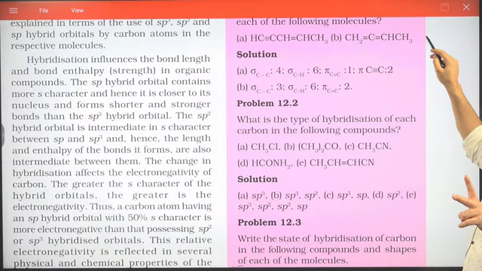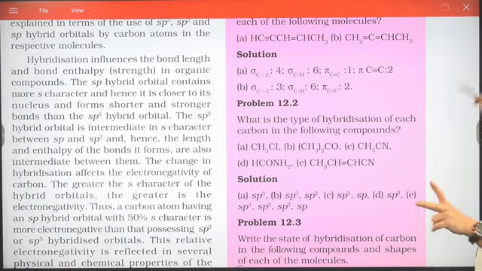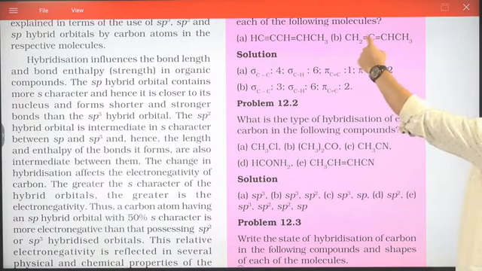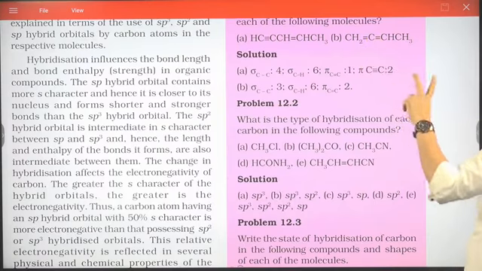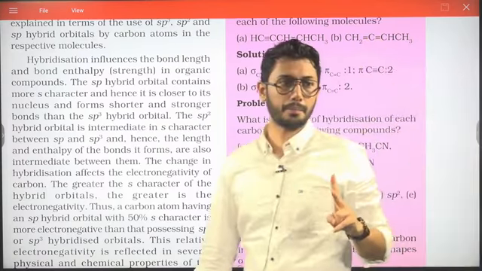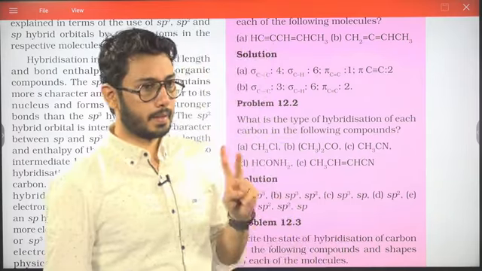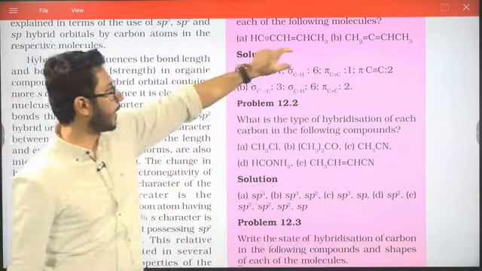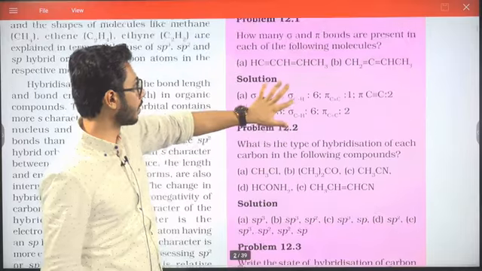In B, there are 9 sigma. And pi, how many? Here pi 1, there pi 1, 2 pi bonds are there. Clear? Getting it? You will write the expanded form of this compound.